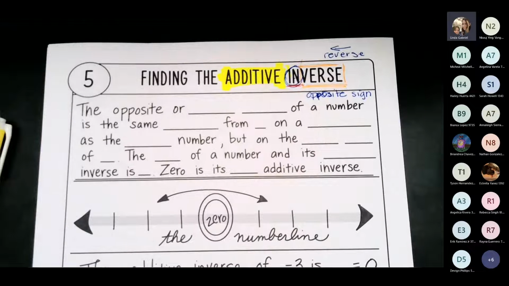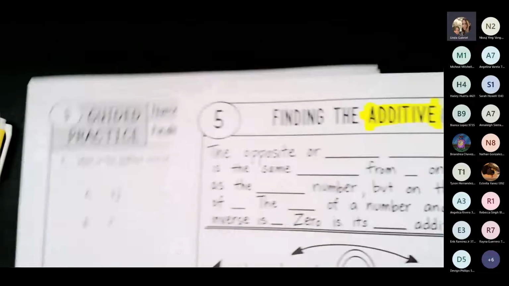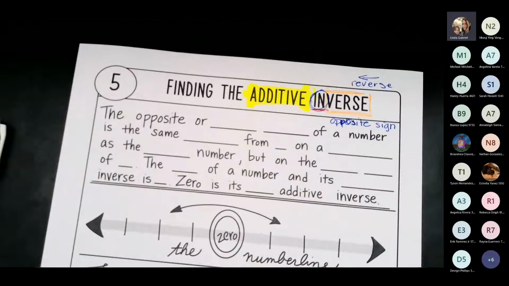All right, so starting at our rule, every day we'll start a new rule.